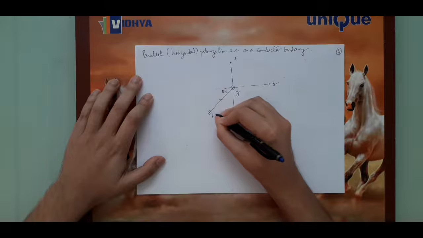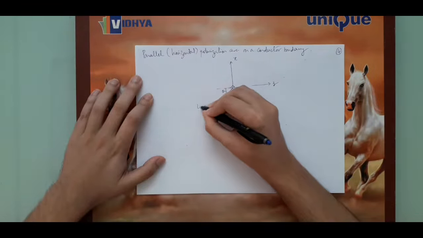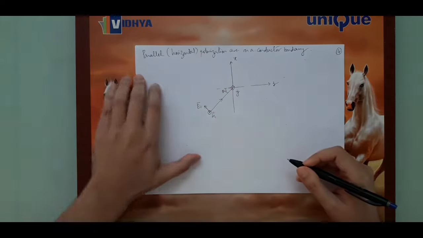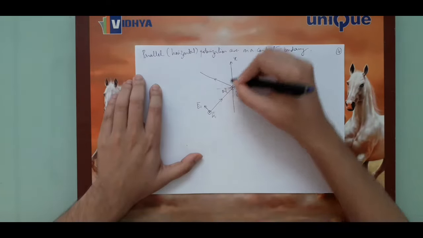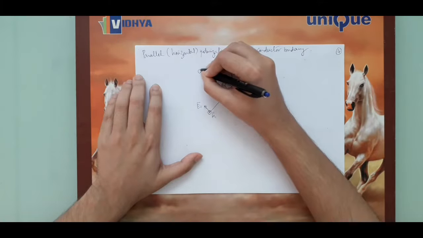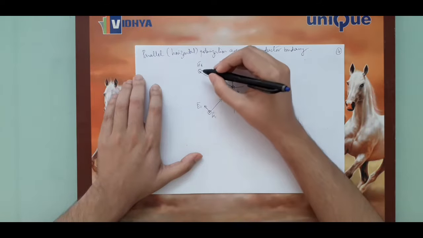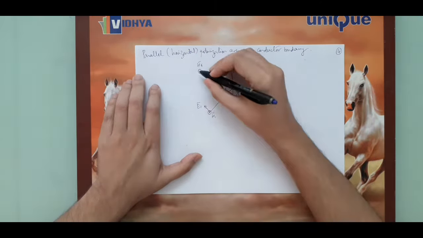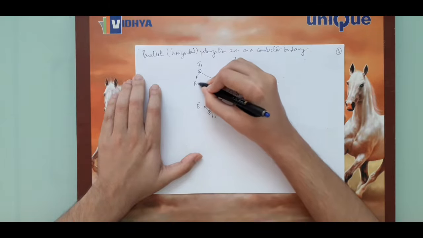So this is Hi, and therefore the electric field vector Ei will exist like this, and this is the reflected wave. HR would also stay the same way, vertical, and the electric field would look like this, ER.